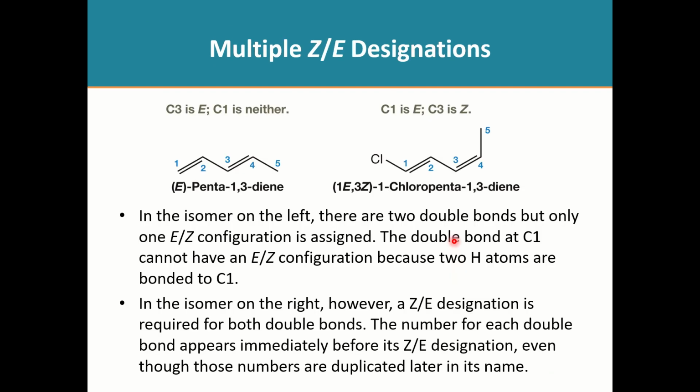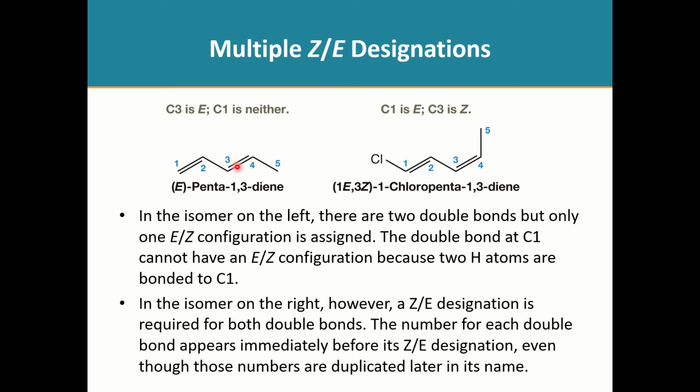But what happens when you have multiple double bonds? How do you name molecules like that? The isomer on the left, we see that there's two double bonds. But this double bond right here at carbon 1 and 2 does not get an E or Z assignment because it has the two hydrogens on carbon 1. So there's no such thing as an E or Z for this guy.